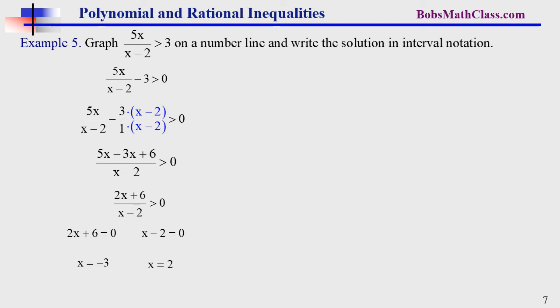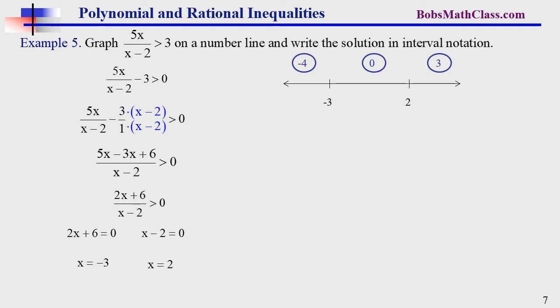So those are our two critical values, negative 3 and 2. Place those on a number line. That separates it into 3 regions. Now pick our test points. I'm choosing negative 4, 0, and 3. I try to pick 0 whenever I can because it's the easiest one to work out.